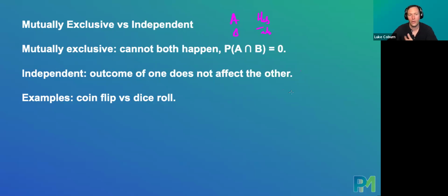It's not like the coin is counting up how many times it's given heads and then deciding what the next one is going to be.